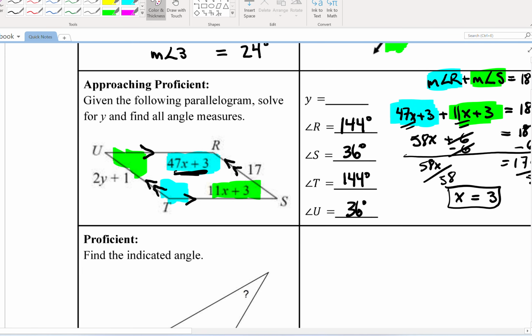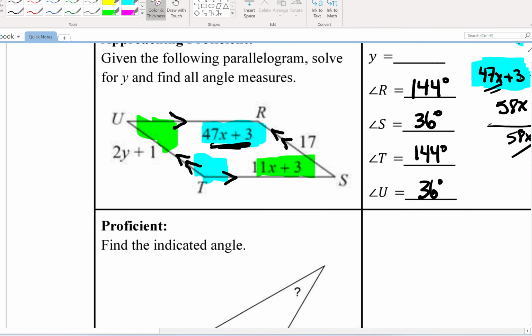Now, for y, one of the other characteristics of parallelograms is that their opposite sides are congruent. So if this one measures, let's say, 17, whatever it is, inches or miles, this one over here would also have to be equal to 17. So we can set those equal to each other.